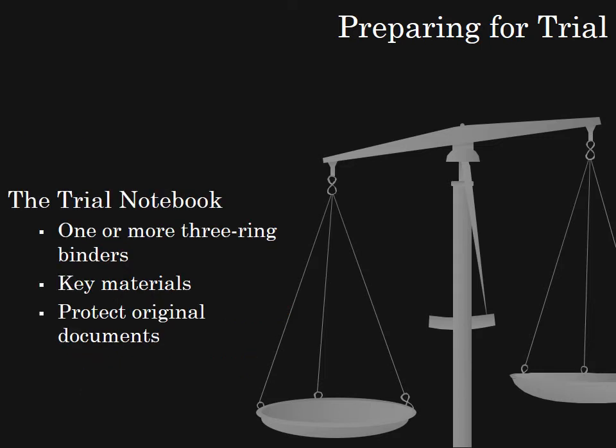And I have previously talked a little bit about a trial notebook, making sure that you are maintaining it and getting it ready. This doesn't necessarily have to be a physical book.